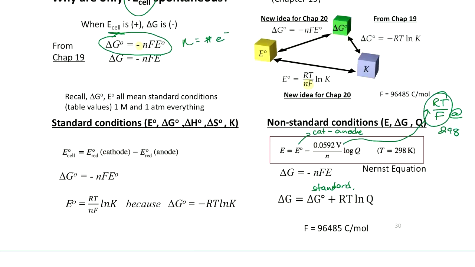R is a constant, F is a constant, and T, if it's at 298, just stays constant. So we can simplify the Nernst equation to say that 0.0592 over n is related to the log of the concentrations actually present in your electrochemical cell. I want you to draw parallels between cell potentials at non-standard conditions and delta G at non-standard conditions. They're related to one another. It's actually the same equation.